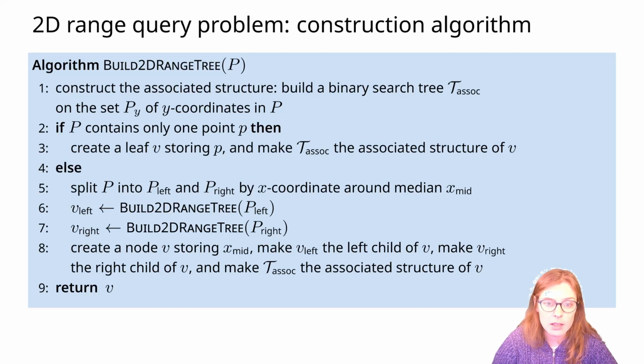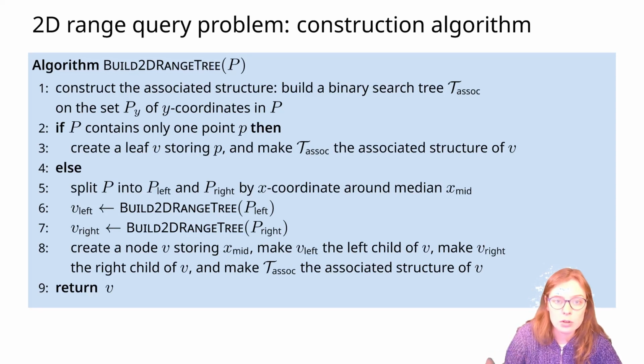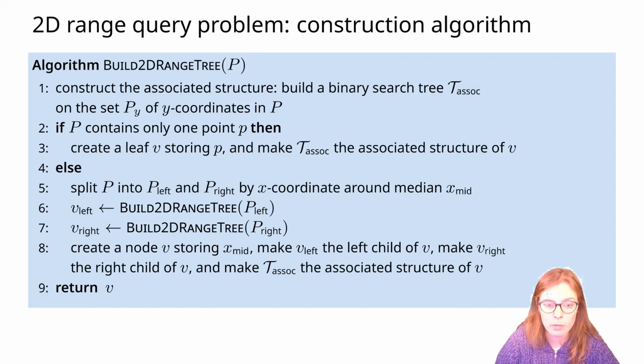And if P contains more than one point, then we split the set of points by the median x coordinate into the two sets P left and P right. And we make two recursive calls to the algorithm on the P left and P right sets. They will return the nodes V left and V right.